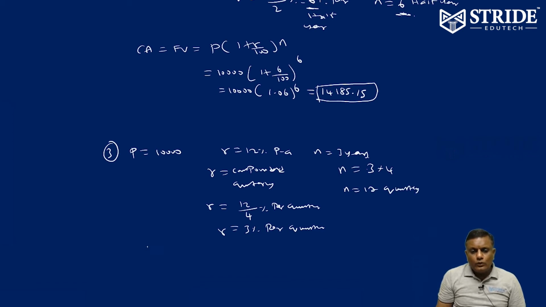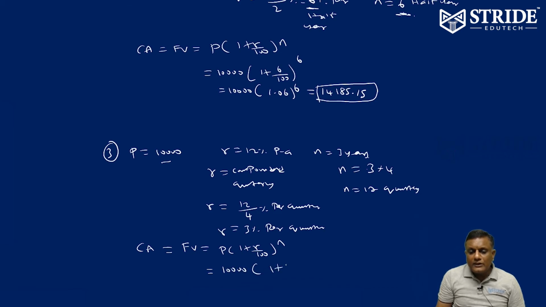So for the compound amount here, every 3 months interest is accruing, N is equal to 12 quarters, principal amount same 10,000. What is the amount matured after 3 years? The compound amount, or future value, is equivalent to P into 1 plus R by 100 whole power n. What is the principal here? 10,000.